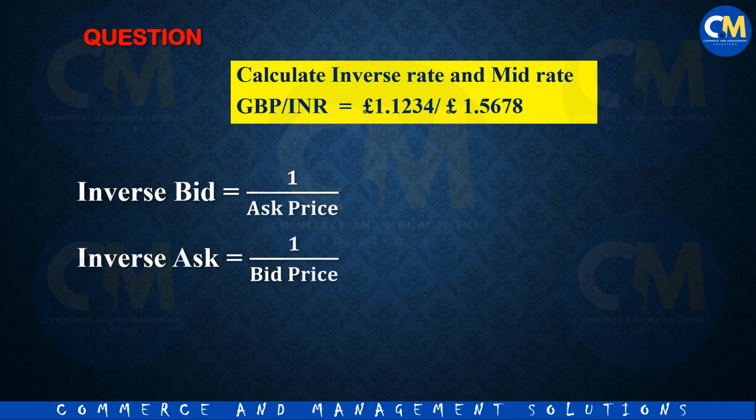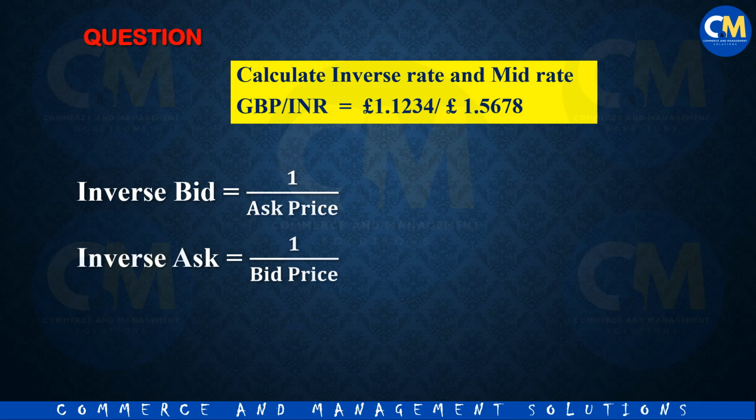From this formula itself, we can understand what is inverse rate, inverse bid or inverse ask. A reciprocal to a foreign exchange rate is called an inverse rate in a foreign exchange rate. It is a reciprocal rate. Here it is given GBP per INR. Instead of that, we are calculating INR per GBP. That is called an inverse rate.